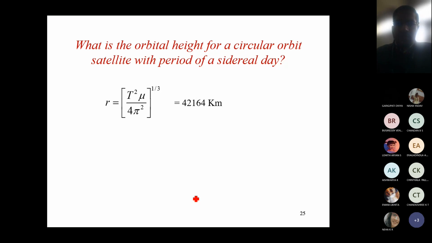And from this we have also answered a particular question. The question was, what is the orbital height of a circular orbit satellite with period of a sidereal day?